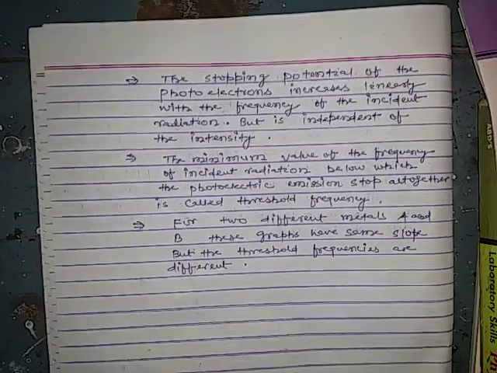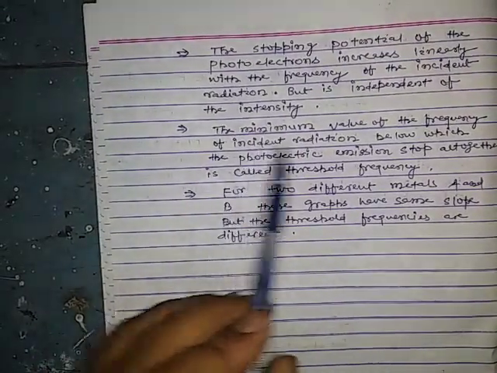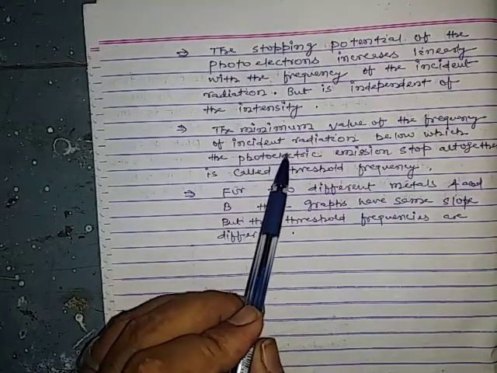The second is the minimum value of the frequency of incident radiation.